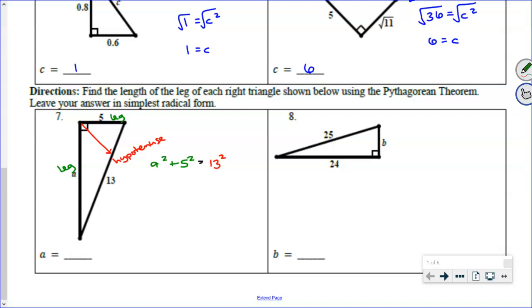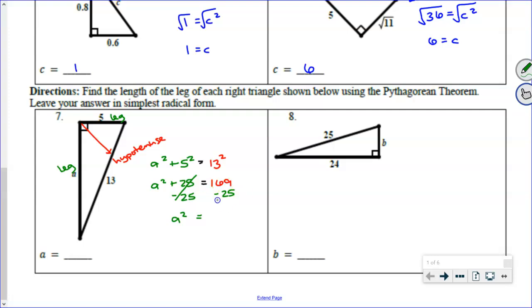So a squared is just a squared, but 5 squared can be simplified. That's 25. And it's equal to and balanced with 13 squared, which is 169. We can subtract 25 from each side. That's getting closer to being by itself, because now instead of a squared and then added 25, now it's just a squared.